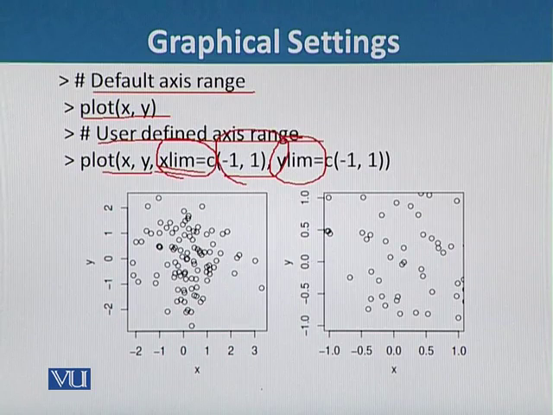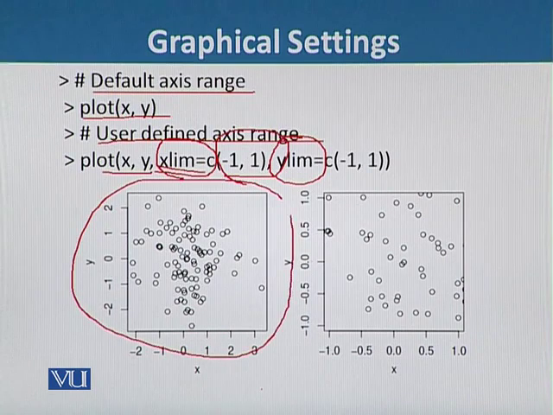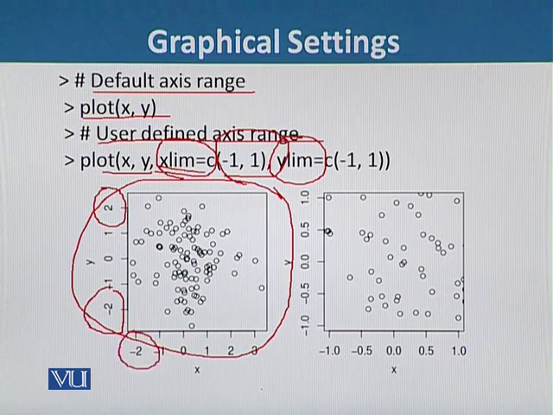The scatter plot originally has a range in the y-axis from -2 to +2, and in the x-axis from -2 to +3.